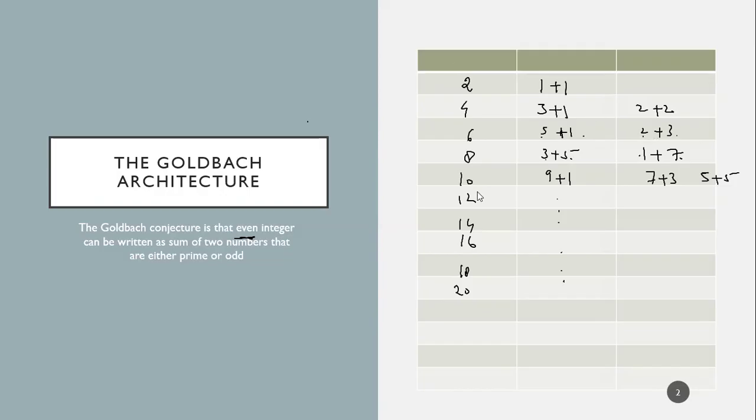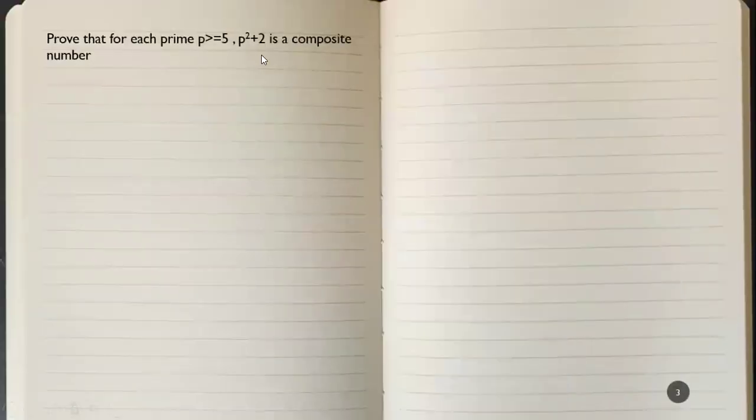Understood? Now come to the other properties. Note down this property. Prove that for each prime greater than or equal to 5, p square plus 2 is a composite number.